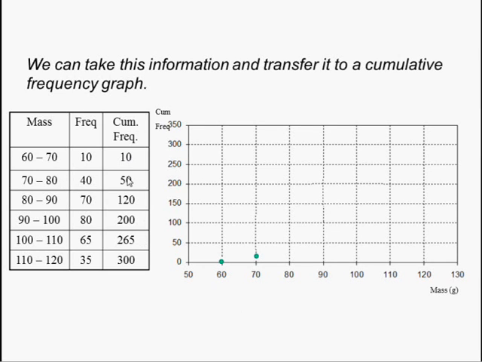At 80, there was 50. At 90, there's 120. At 100 grams, there were 200 apples that were under 100 grams. There's 265 under 110, and all 300 were under 120.